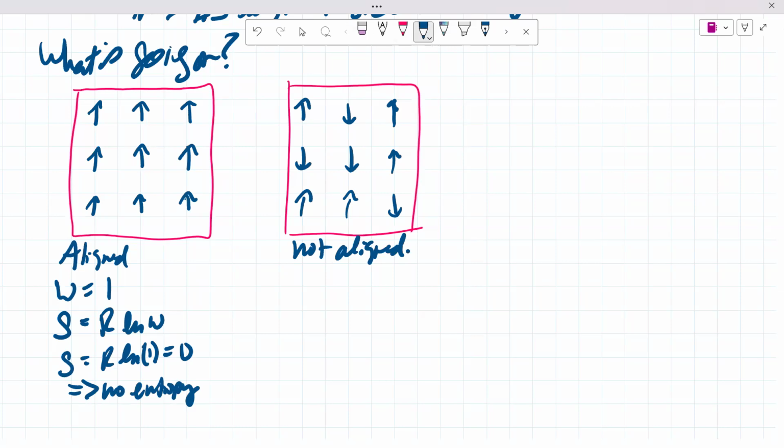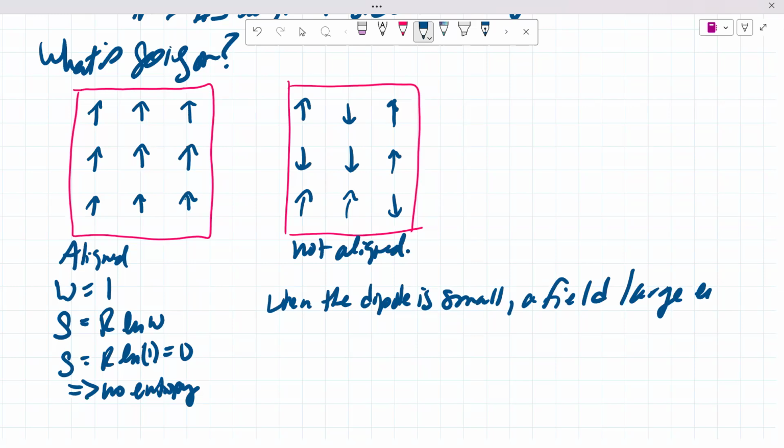Here's one that's not aligned. When the dipole is small, a field large enough to be detected by the neighbors is not generated. And by the neighbors, I mean the neighboring dipoles.